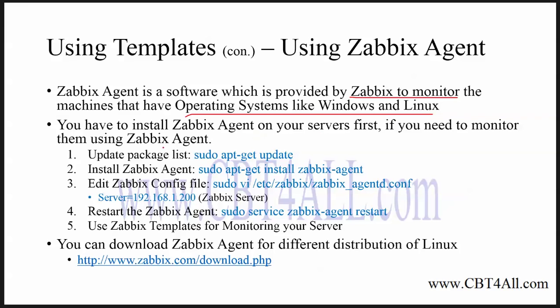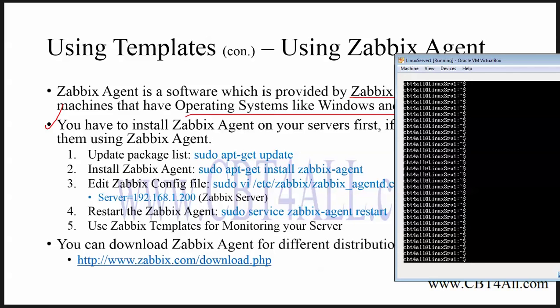So at first we have to install Zabbix Agent on each machine or server. In this video I want to install Zabbix Agent on Ubuntu Linux. You can install Zabbix Agent on different distributions of Linux. Okay, first we should jump to Linux.